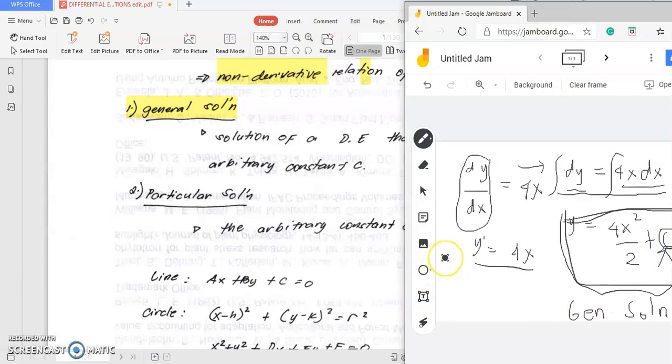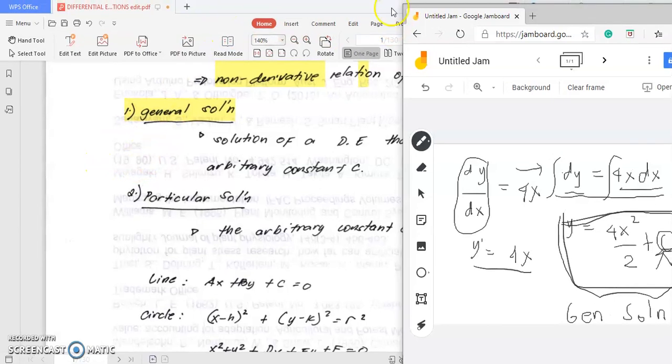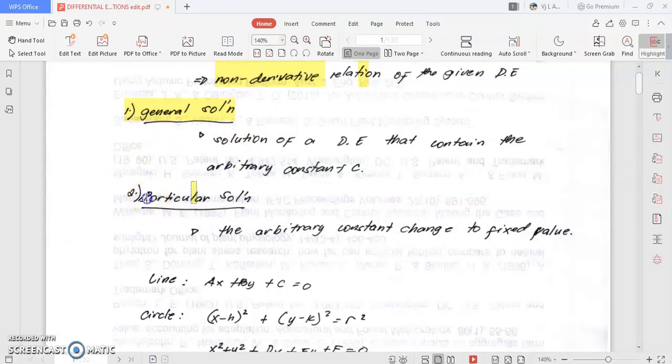Therefore, that is a general solution. But what is a particular solution? A particular solution is a solution where the arbitrary constant becomes a fixed value.